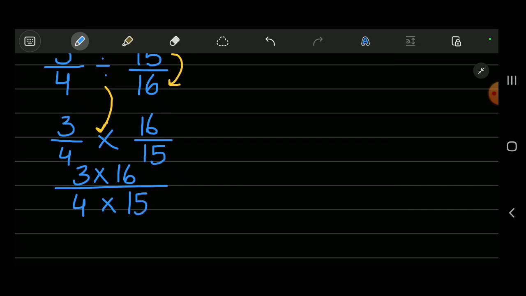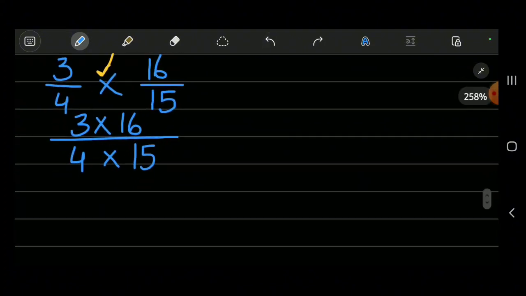This is how we multiply numerator with the numerator, denominator with the denominator. Actually it is better to simplify this step, because the numbers will otherwise become bigger and you need extra effort to solve them. So if it can be simplified, simplify it. So 3 times 4 is 12 over 15.